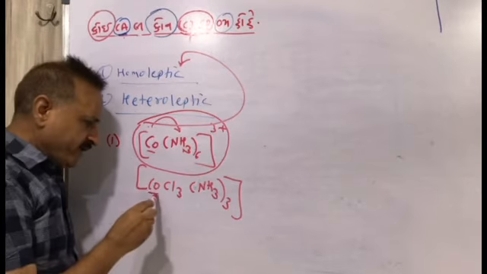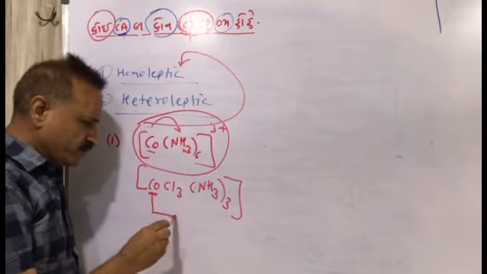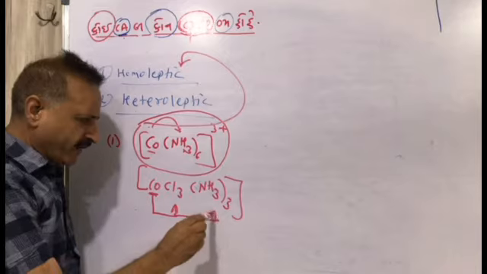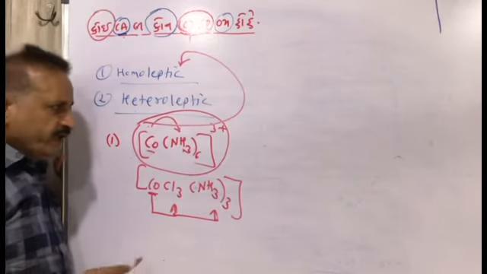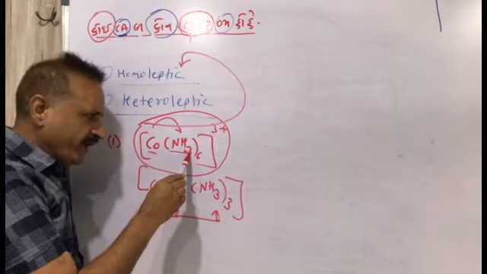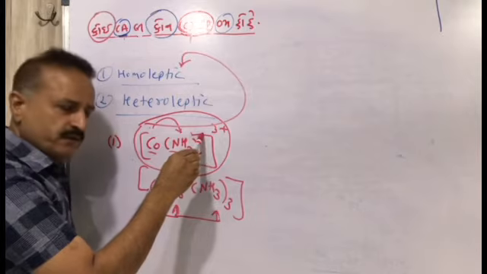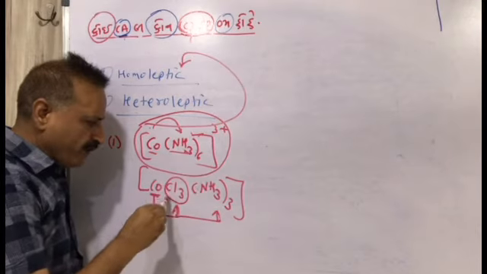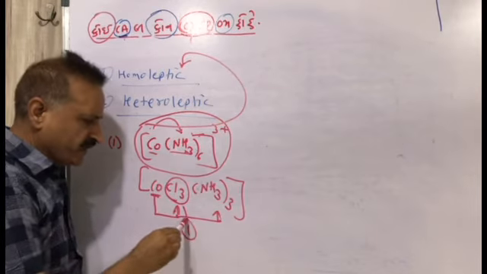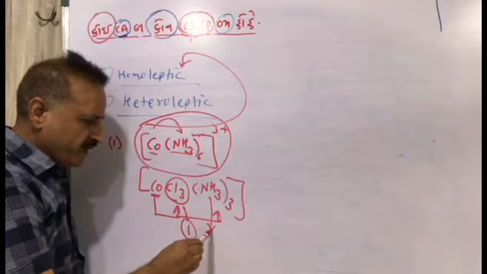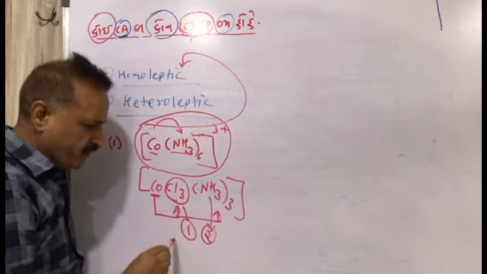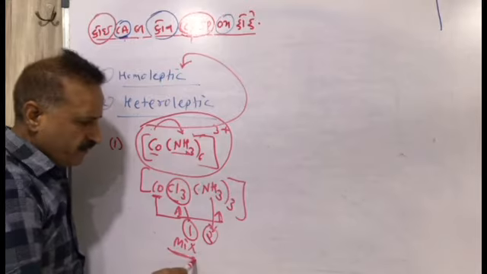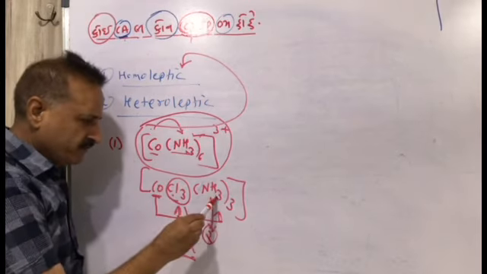And if the central atom is attached with two different types of ligands, here is only one type of ligand, that is ammonia. Here are two different types of ligands. One ligand is the chloride ion and another ligand is ammonia. So here is the mixed ligand, chloride and ammonia.